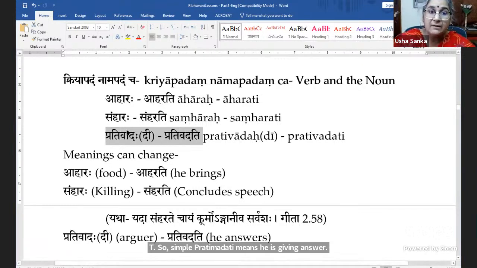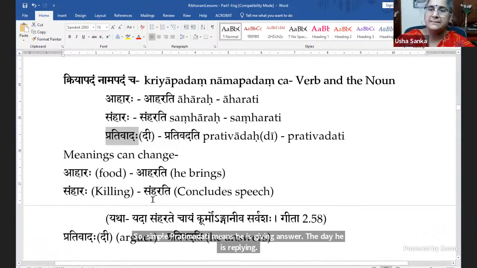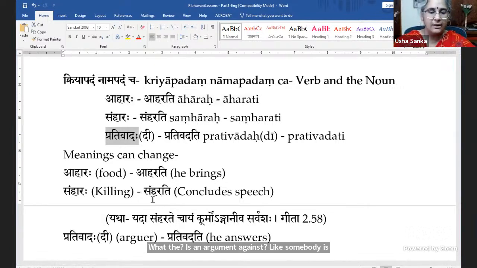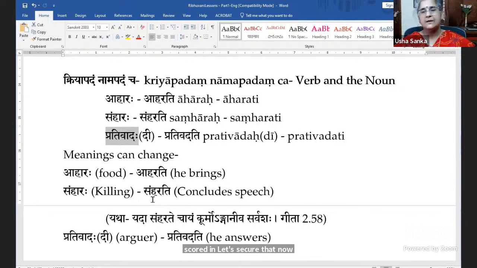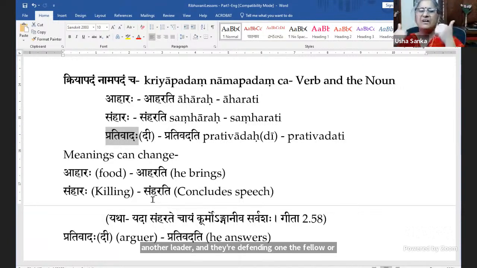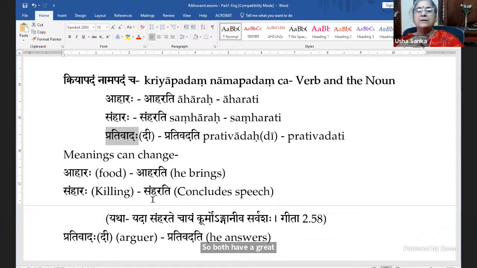But prativadaha is an argument against, like somebody arguing against in a court. A pleader, somebody who pleads the case. There is one pleader, there is another pleader, the public prosecutor and the defense lawyer. Both have a great prativada, a very big argument.